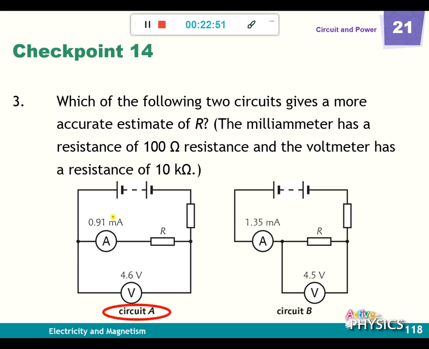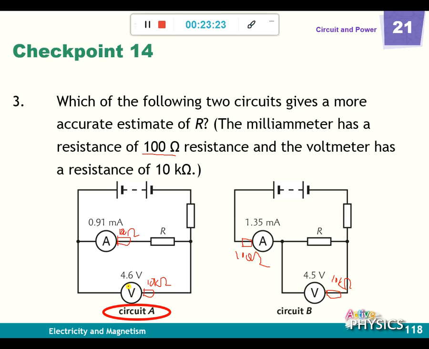Look at this. Fill in the value. The ammeter is 100 ohm, so it means that this one should be 100 ohm. Okay, for this, inside it we have 10 kilo ohm. Similarly, for this, here we have 100 ohm. For this it is 10 kilo ohm. Then what will happen?